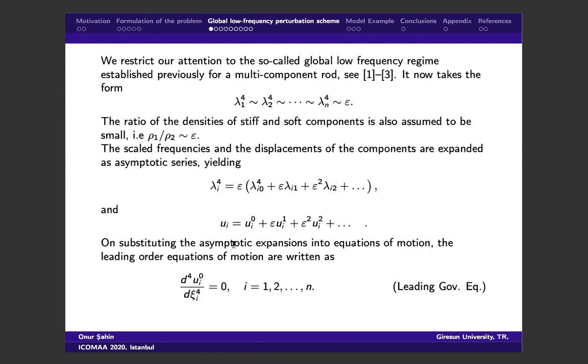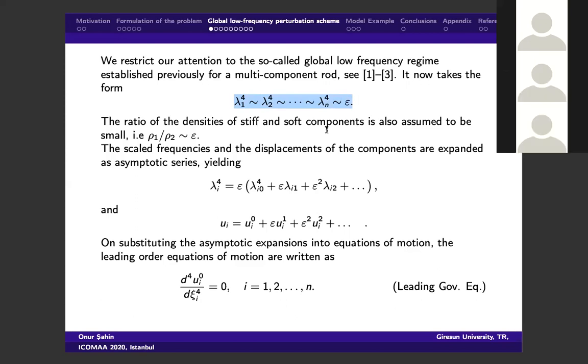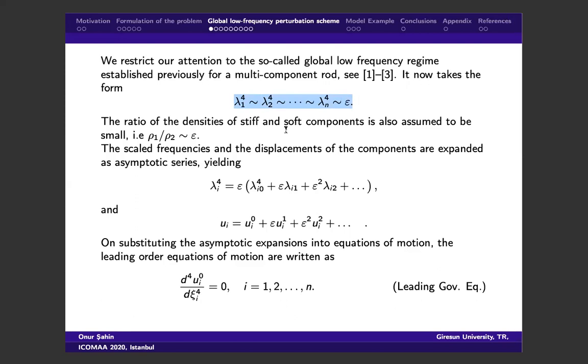Here we restrict our attention to the global low frequency regime, which can be formulated by this asymptotic relation. And because of the global low frequency regime, the ratio of densities of stiff and soft components is also assumed to be small, namely ρ1 over ρ2 is of order epsilon. Let's now expand frequencies and displacements into the following asymptotic series.